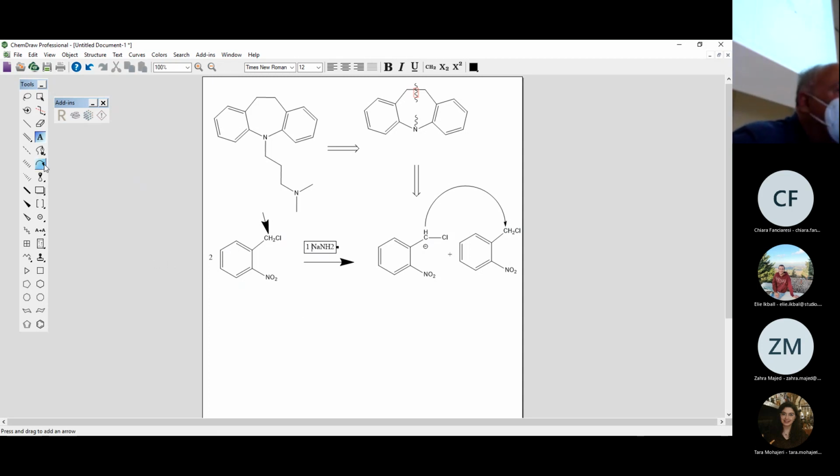What is the product of this reaction? This one. See here. Just a moment. This one, nitro group NO2.